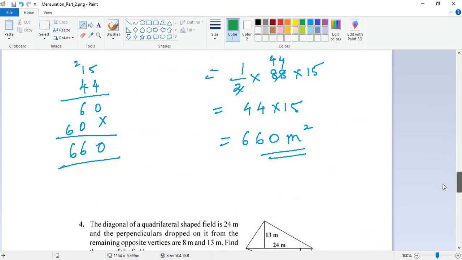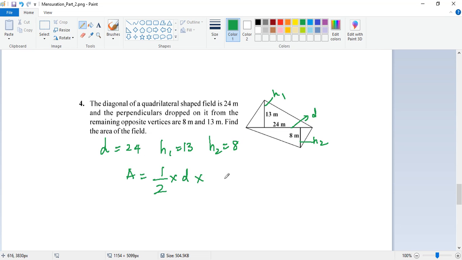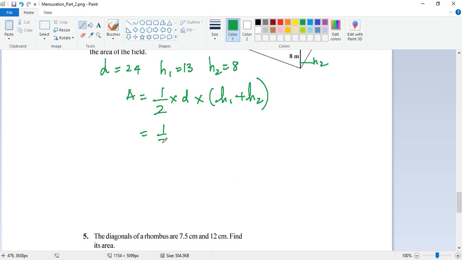So now if we come over here, this is your D is 24 because this is your diagonal, and these two are your heights, okay, H1 and H2. So your H1 is 13 and your H2 is 8. So you just have to use the area as half into D into H1 plus H2. Okay. So that's going to be half into D is 24 into 13 plus 8.